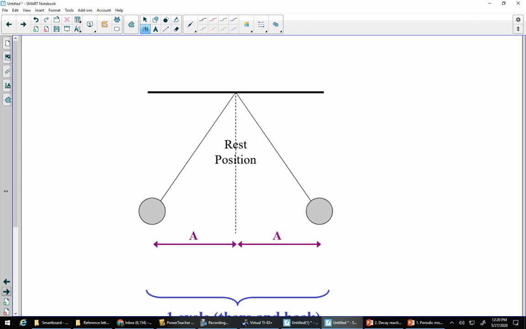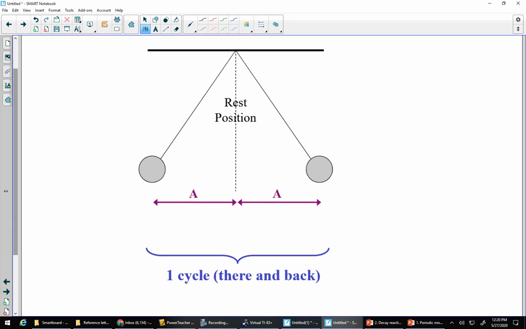Another one that we could look at is a pendulum swinging back and forth. As this swings back and forth, one cycle would be all the way there and all the way back.